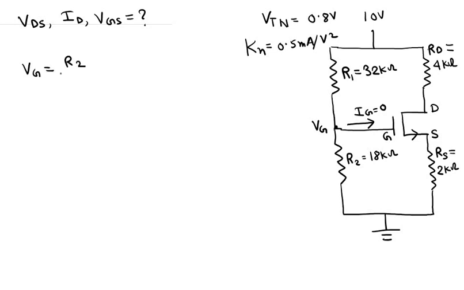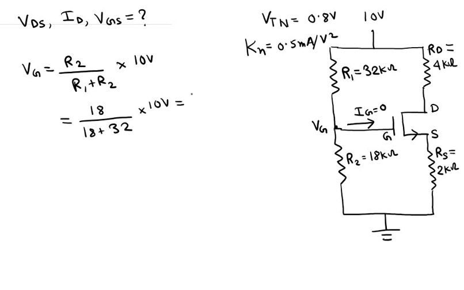VG equals R2 divided by R1 plus R2 into 10 volts. So this gives us 18 divided by 18 plus 32 into 10 volts, which is equal to 3.6 volts.